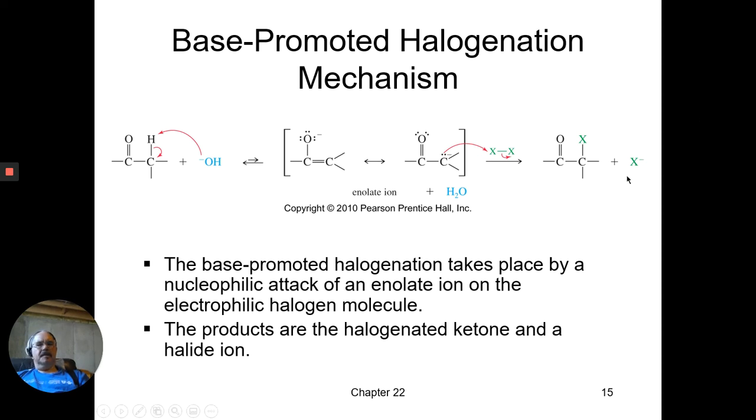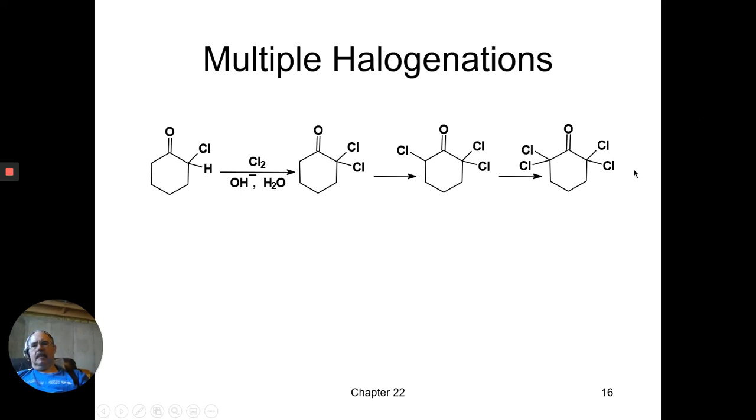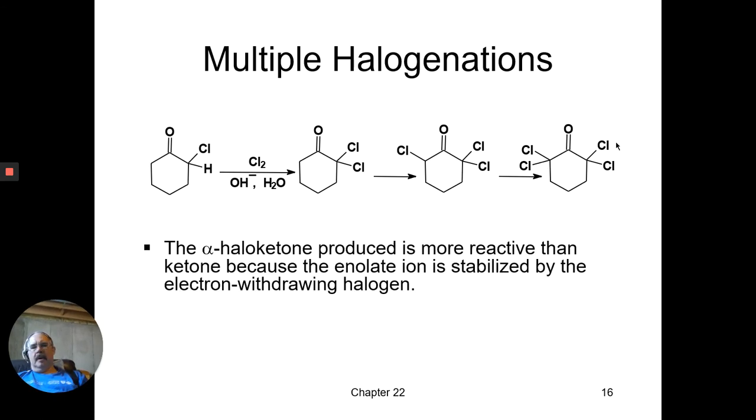The byproduct is a halide ion. If there's more than one alpha hydrogen, then we can have multiple halogenations under basic conditions.